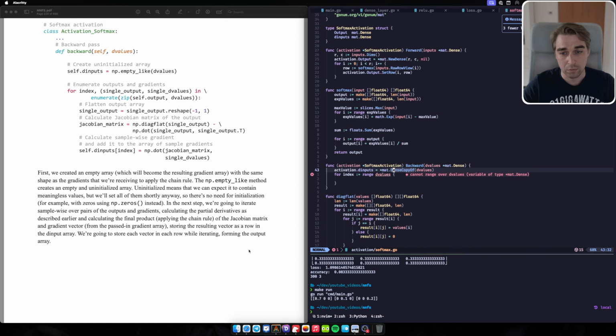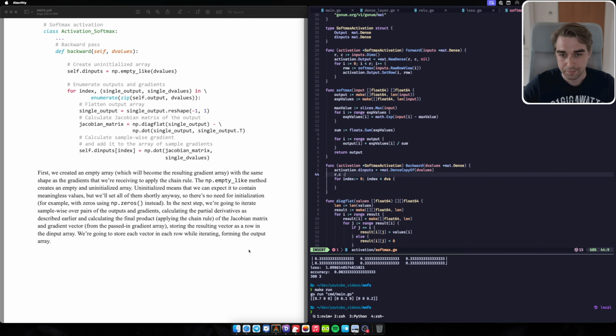I will assume, well, I should assume they're the same. All right, index equals 0. Index is less than... I'm not sure if I need a column.